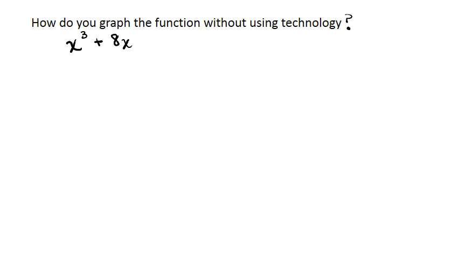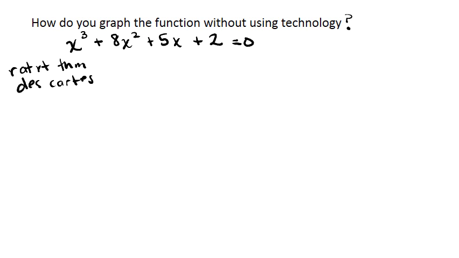I don't even know if this is even factorable, so we're not even going to try to do that. But what you would do is you would go through all those rules that we did before. You do your rational root theorem. You do your Descartes rule of signs.